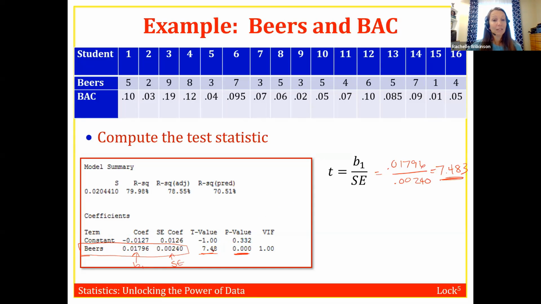So it might mysteriously be missing on the exam. Just make sure you know how to find that test statistic, which, as we mentioned, is super easy and versatile because we can use it for everything. Just B1 divided by SE to get that value.